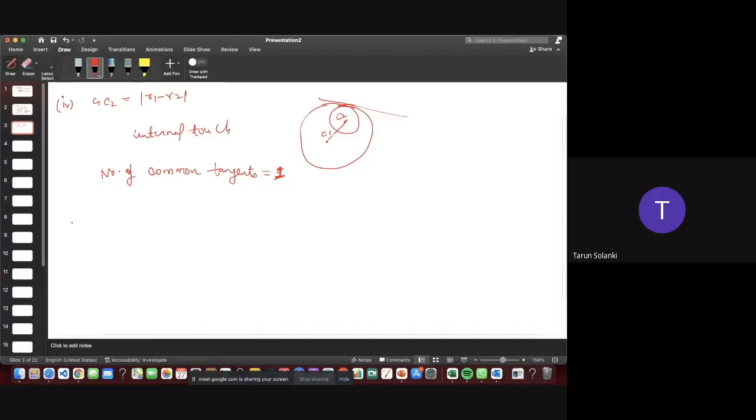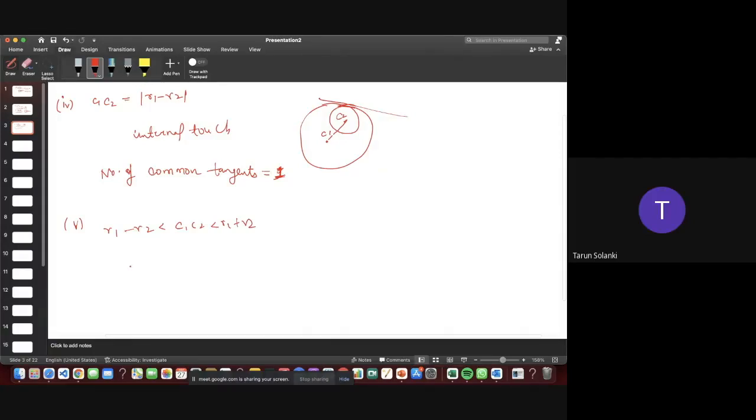Now the last one: they can ask in the exam, they can give the condition like this: R1 minus R2 is less than C1C2 is less than R1 plus R2. So they will give this condition and will ask you how many common tangents will pass through this circle condition.